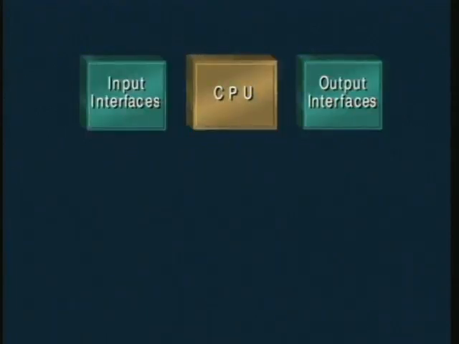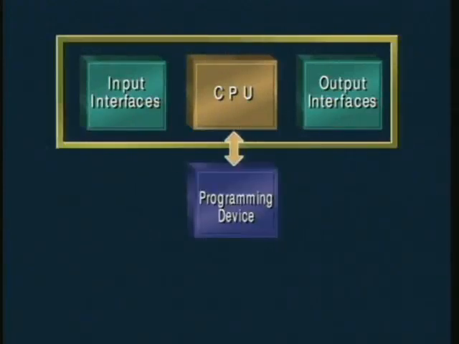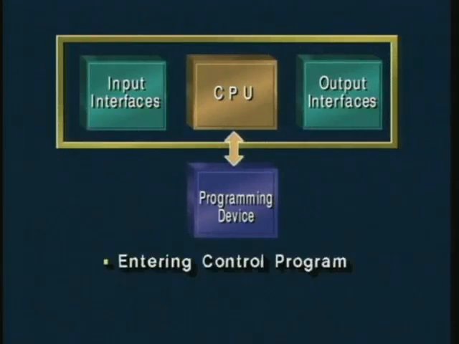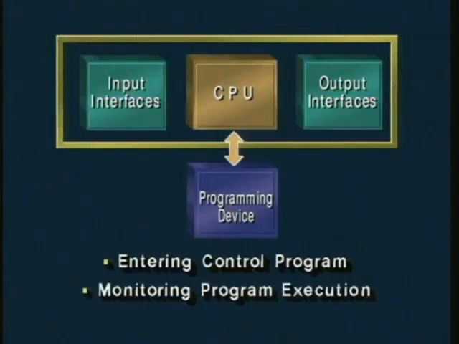Another element of the programmable controller system, although not generally considered part of the system itself, is the programming device. This programming device must be connected to the PLC when entering the control program, or in other words, when you're programming, and when you are monitoring the input and output status of field devices during the program execution.